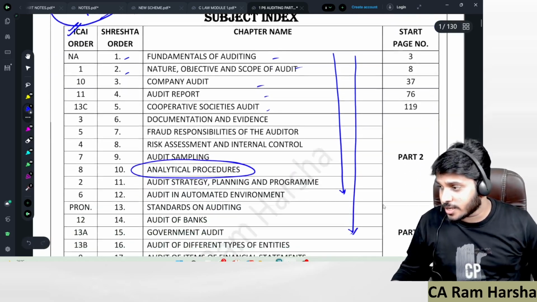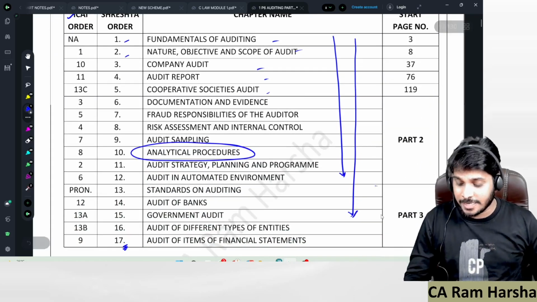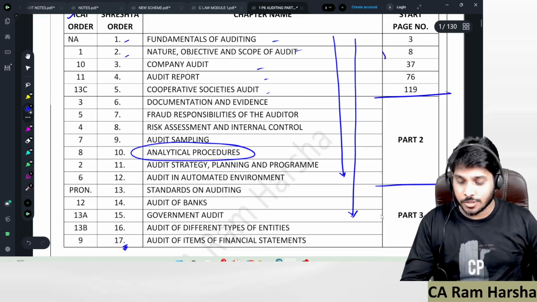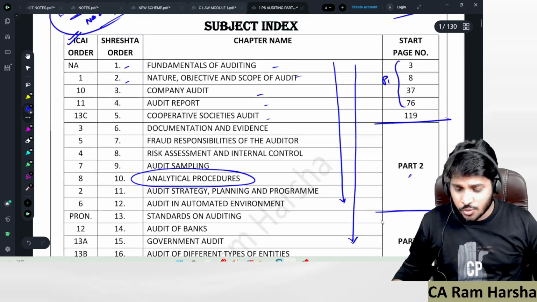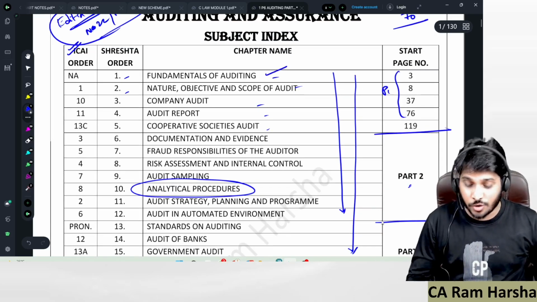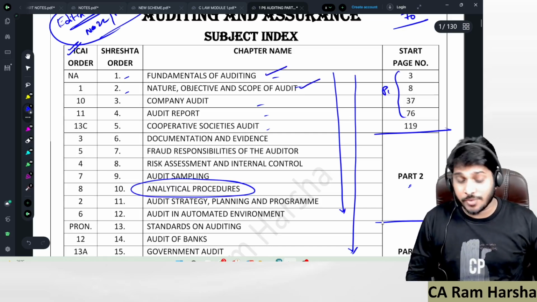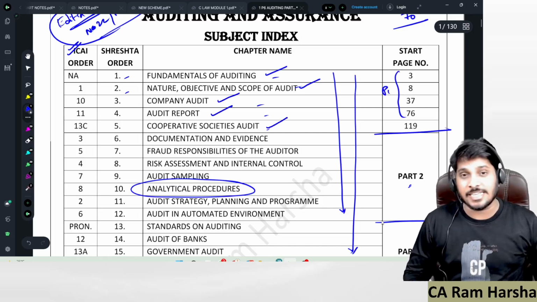Sir, how are you going to give this material? We are going to split it into 3 parts, if you see. This is part 1, this is part 2, and this is part 3. What are the chapters that come under part 1? Fundamentals of audit, nature, objective and scope of audit, company audit, audit report, and societies audit.